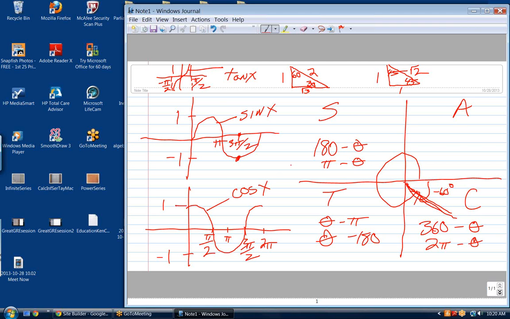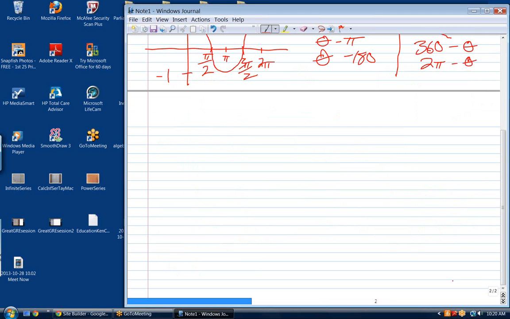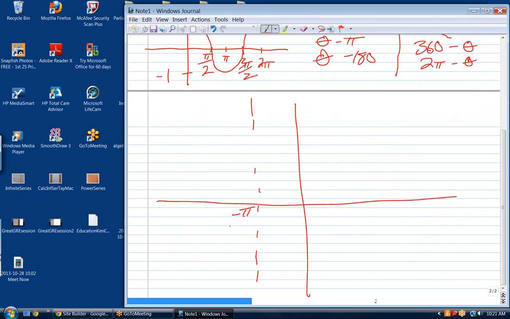In other words, let me draw a bigger curve here so you can see it. We have vertical asymptotes, meaning that it's infinity at both of these places. Well, it's at negative infinity at one of them and at positive infinity at the other one. But tangent goes like this, and it always approaches those asymptotes.